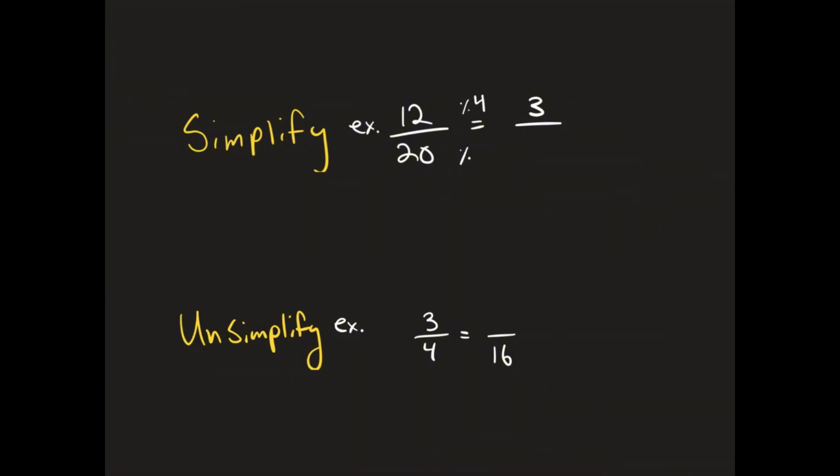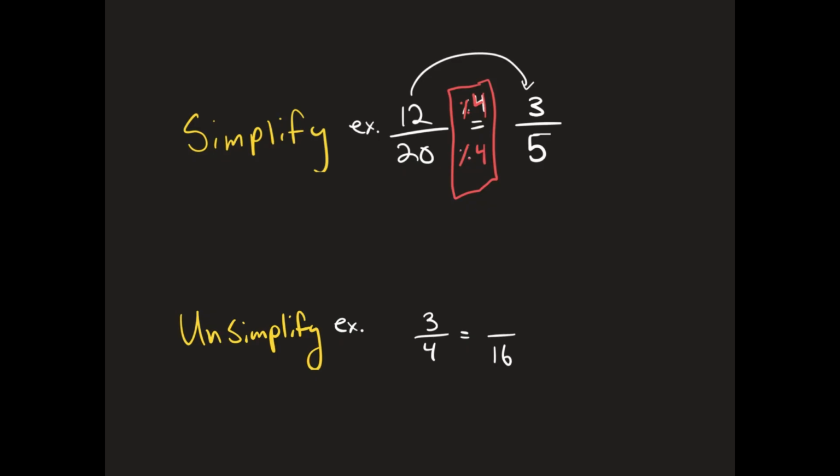So if I divide by 4, and let me do that in a different color, whatever we do to our numerator or denominator, we have to do to the other. So we also divide by 4. 20 divided by 4, we end up with 5. So 12/20 is equivalent to 3/5.